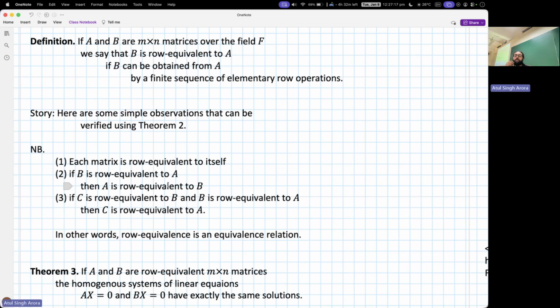The reason is that if you have a sequence of operations that you apply on A to obtain B, you can apply the inverse operations, starting from B, to obtain A. Is that okay?